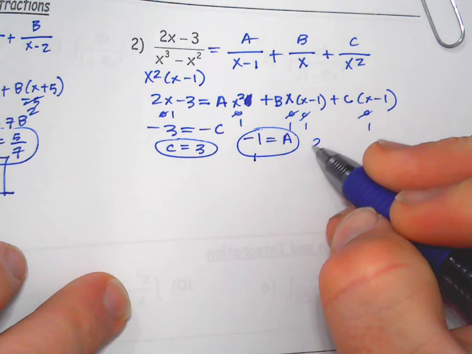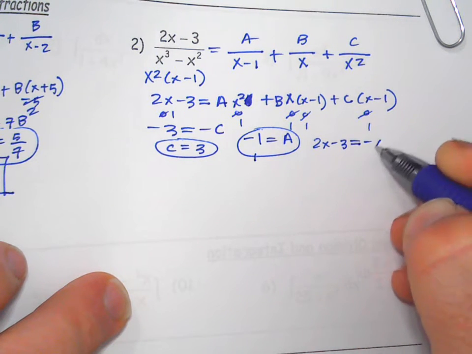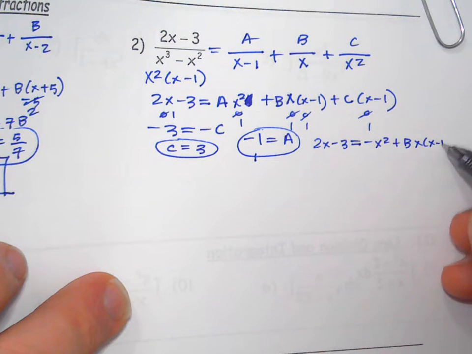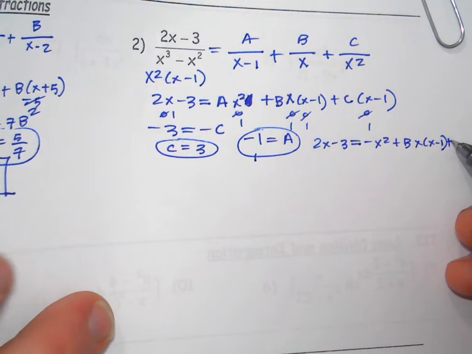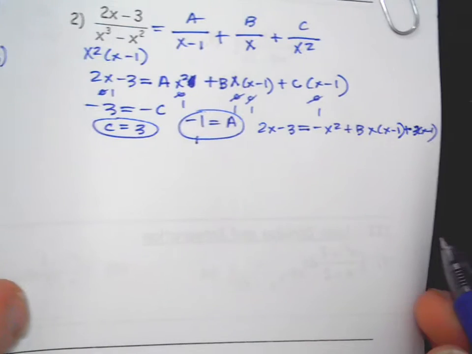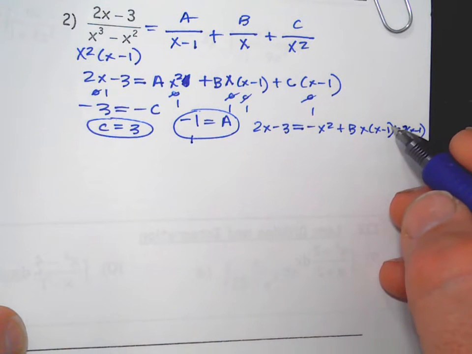So I'm going to rewrite this: 2x minus 3 equals -x squared plus Bx(x minus 1), plus 3 times (x minus 1). So we're going to plug the A and C values in, and then we can plug in anything for x other than 0 or 1.